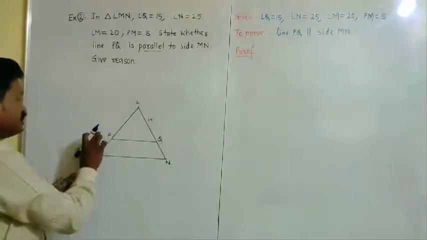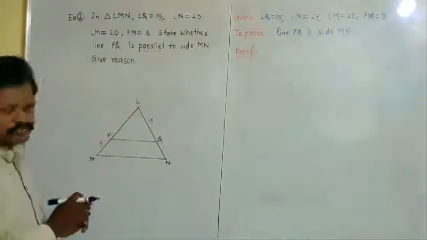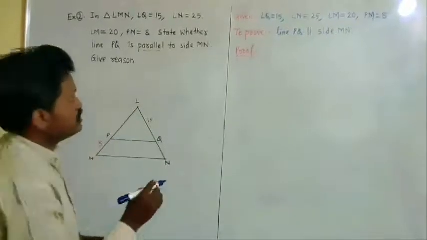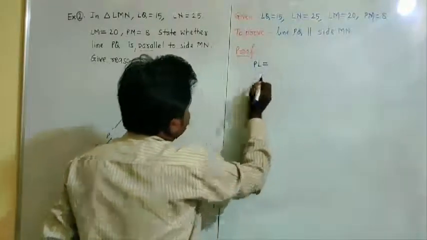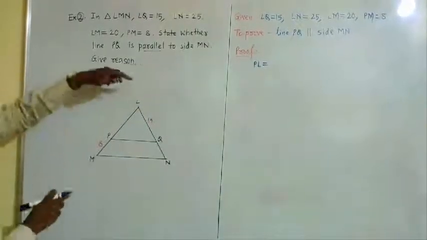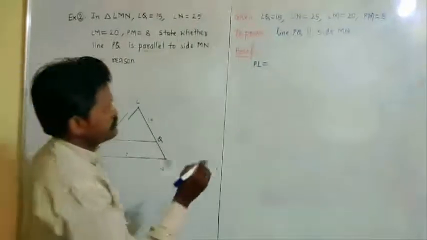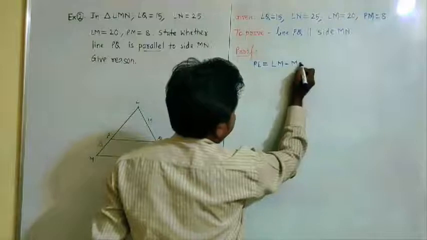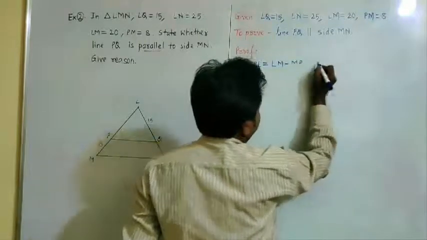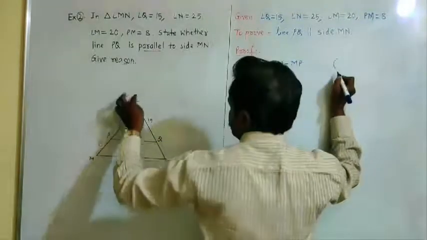If you subtract MP from this LM, you get PL. So I write here directly PL is equal to LM minus MP. You write here the reason.